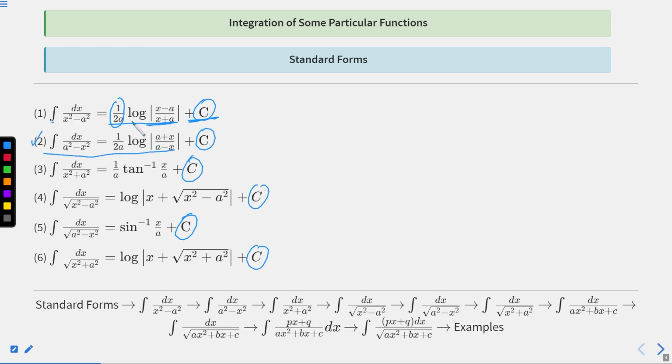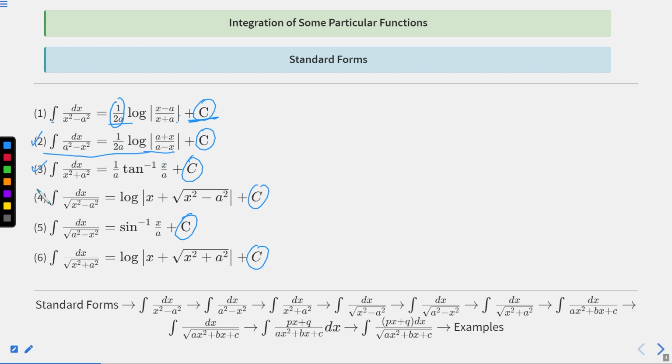What is the only difference? In the numerator term, first replace the x and a terms, so you will have a minus x and a plus x. Then interchange their positions also, so you will have a plus x in the numerator and a minus x in the denominator. In this way you can easily memorize them without any problem.